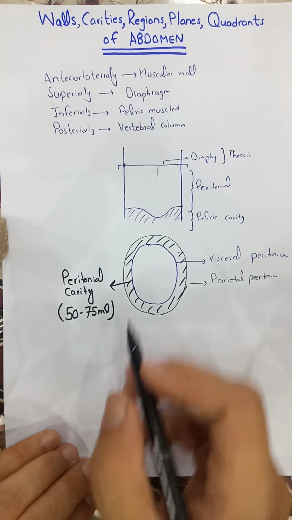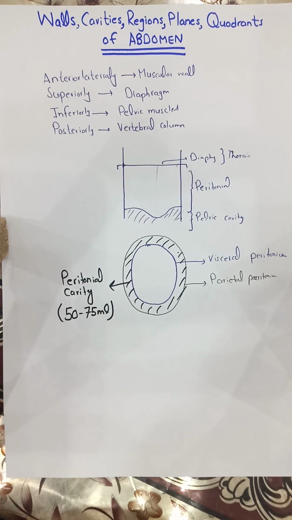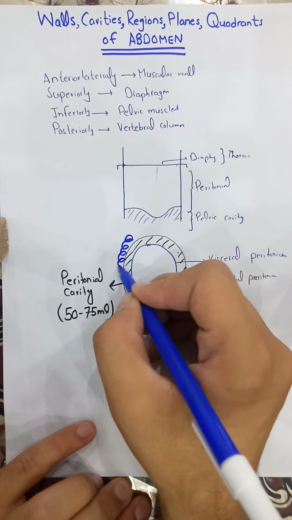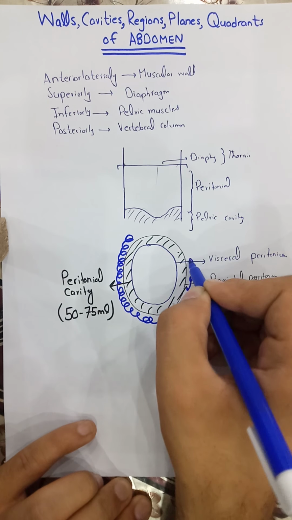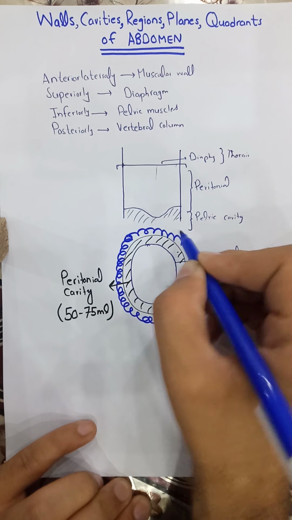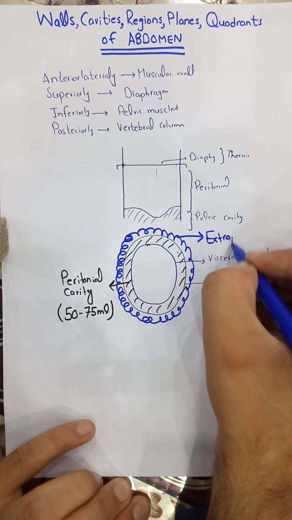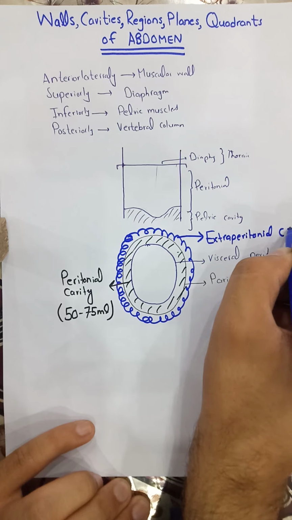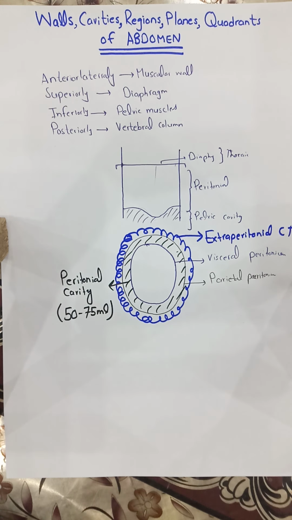And outward to this parietal peritoneum will be a layer of fat or connective tissue, which will be termed the extraperitoneal connective tissue. So this is the brief introduction of the membrane.